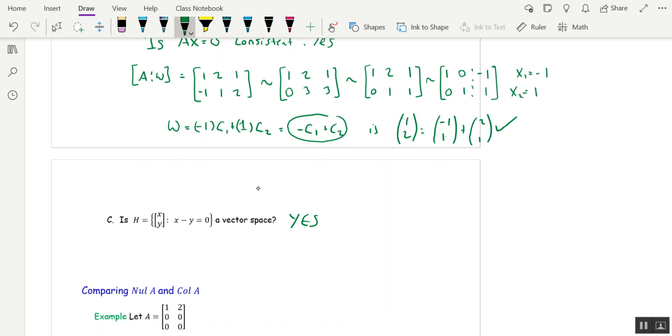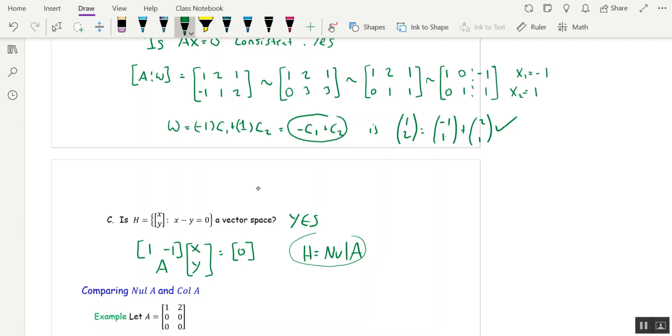In matrix form, x minus y equals 0 is 1, negative 1, times x, y equals 0. It's a 1 by 2 matrix. If A is this 1 by 2 matrix, 1, negative 1, then H is null A. So it's automatically a subspace of R2. Subspaces are vector spaces in their own right. So the answer is yes, because H is equal to null A.